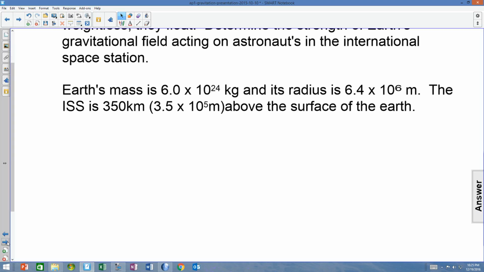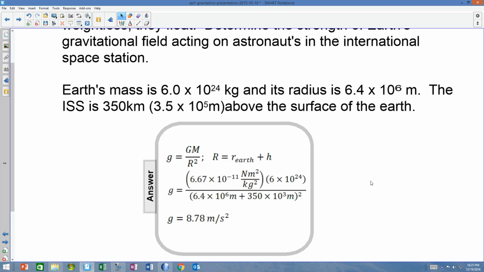Okay, so let's take a look at the solution. Substituting in the height of the space station, which is 350 times 10 to the 3 meters, we're going to add that to the 6.4 times 10 to the 6 meters for the radius of the Earth. We add them together, take the square, and divide that into G times M, the mass of the Earth.